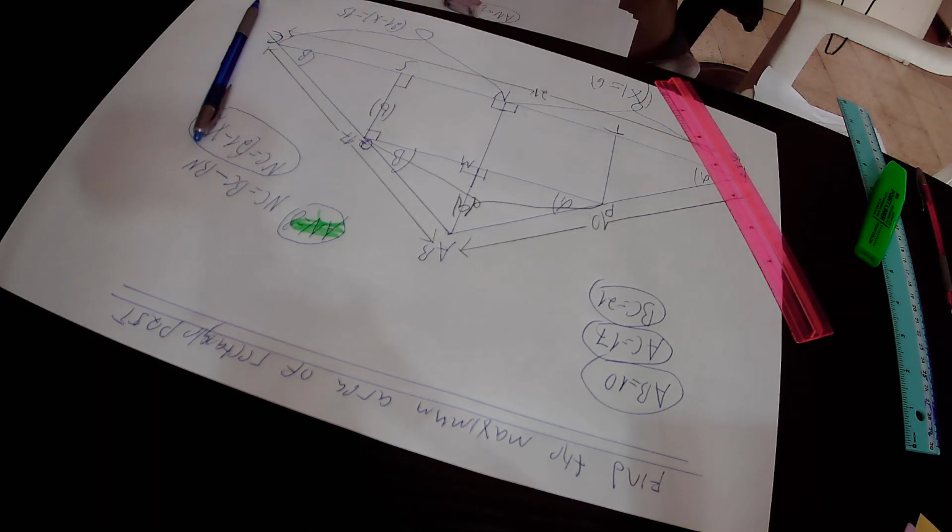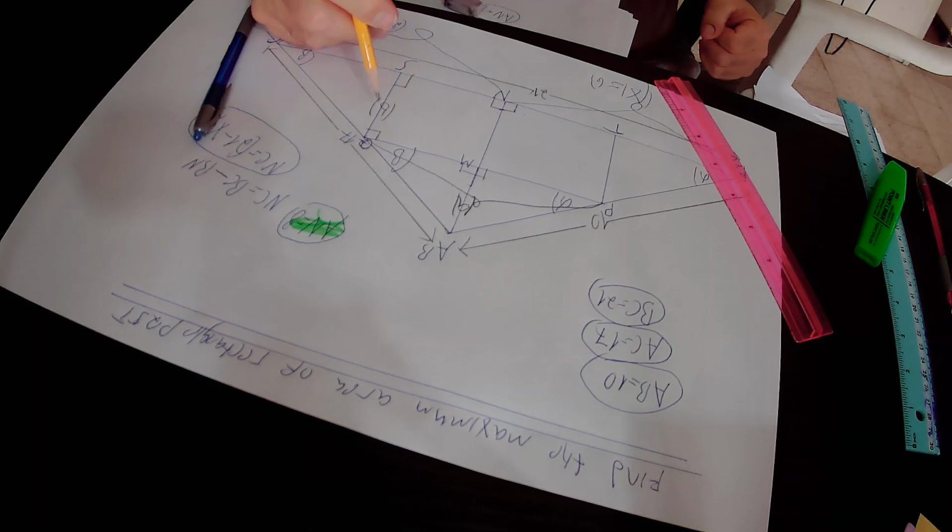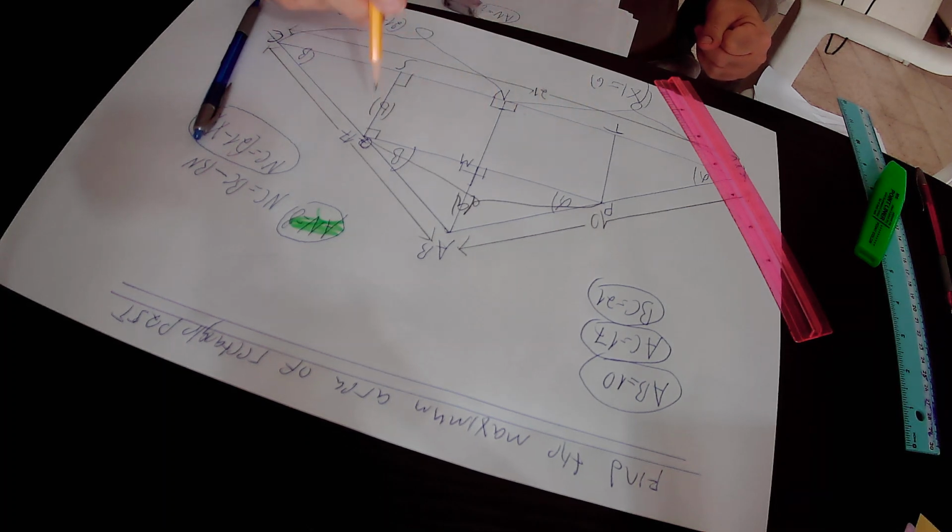All the four angles inside any rectangle are right angles, and therefore those two angles are right angles.